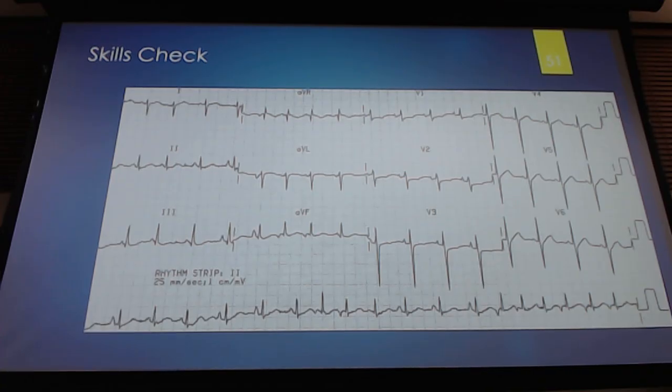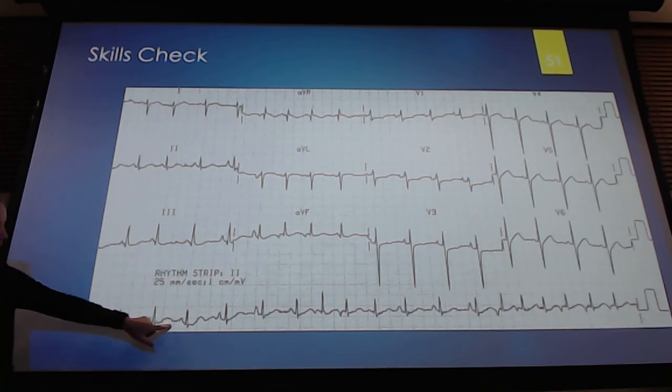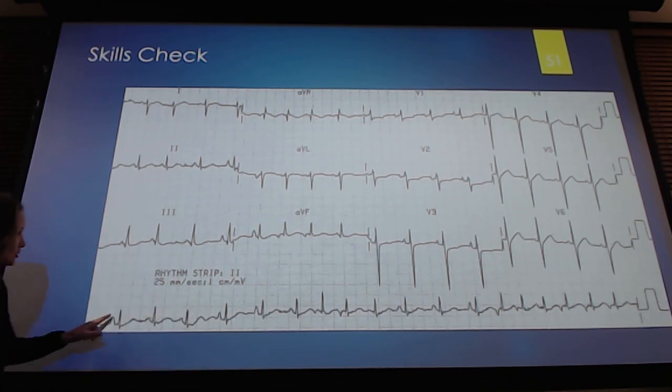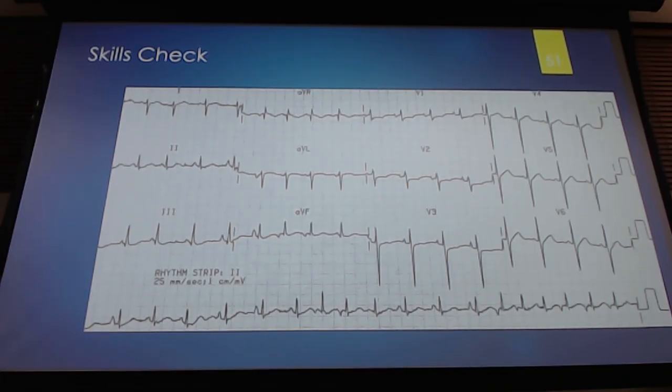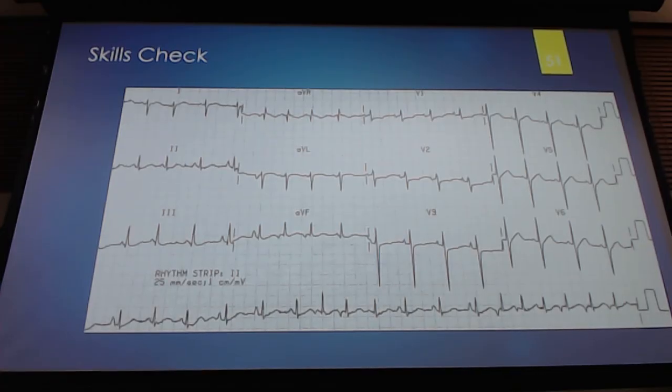And the P waves are different. Look at this P wave compared to that P wave, compared to that one. This one and this one look similar because that's probably coming from the same foci. But this is definitely different from that one. The foci is different because in multifocal atrial tachycardia we have 3 or more different foci, which means we have 3 or more different P waves. All right, very good, sir.